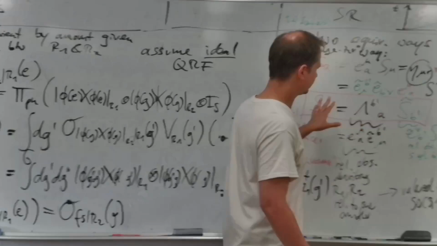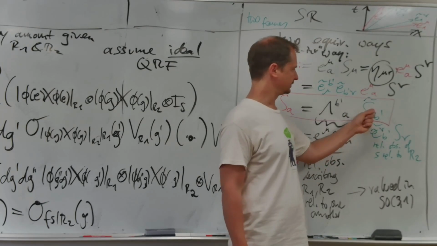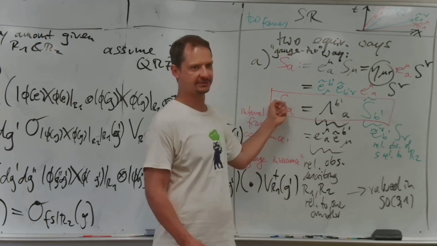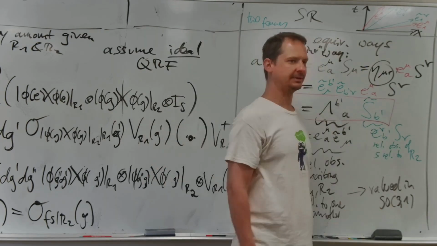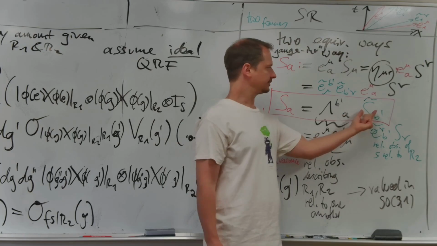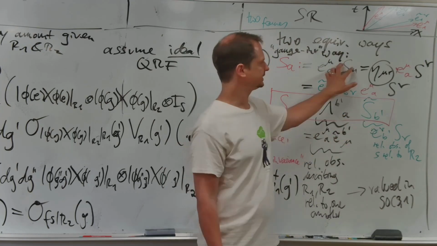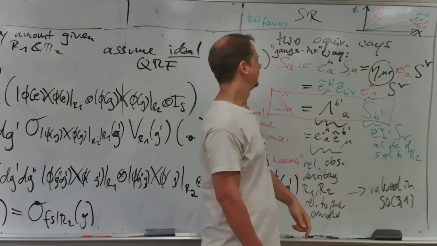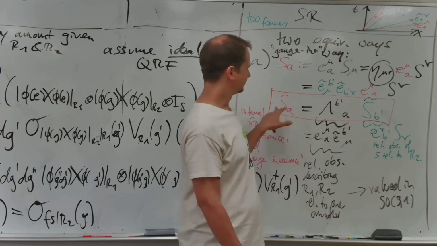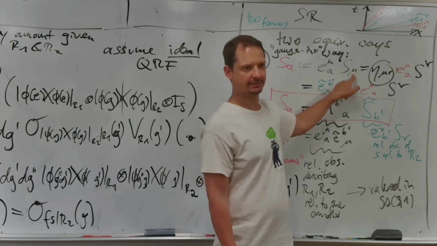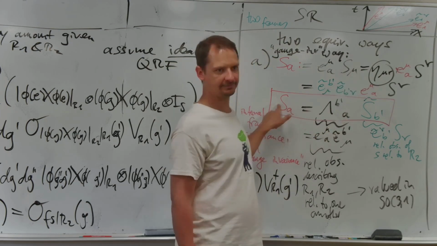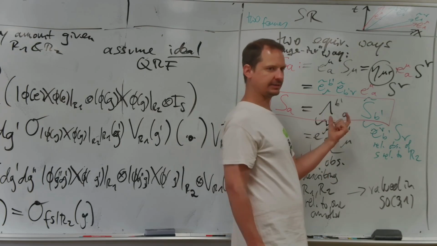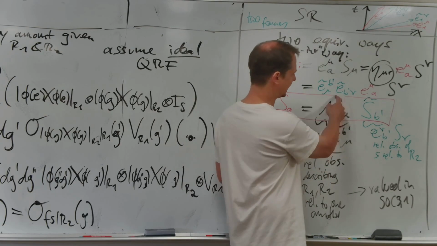Okay, so here, what are we doing? We're taking a relational observable describing the fixed kinematic observable S relative to one frame. And then you get the relational observable describing the same kinematic observable relative to the second frame via a transformation, which you can view as acting on the frame index.